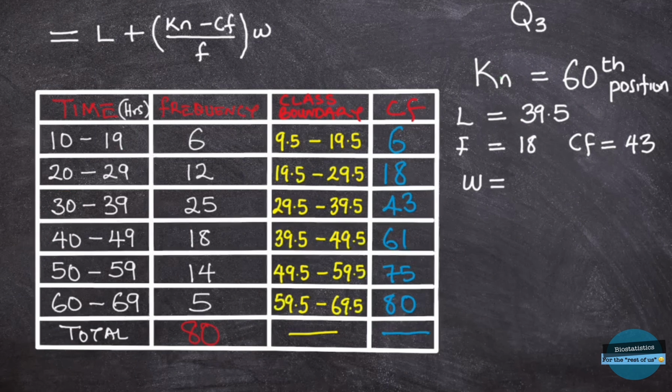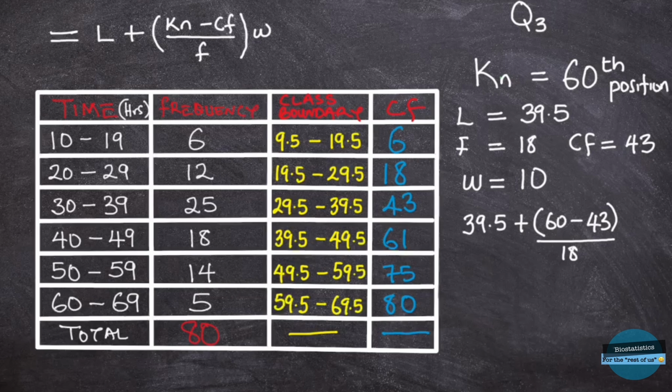Now, if you want to understand the differences between these terminologies, please watch the video popping up in the card above. Now, let's put all of these into the formula. So our L is 39.5 plus Kn, which is 60, minus CF, which is 43, divided by F, which is 18, and now multiplied by 10.